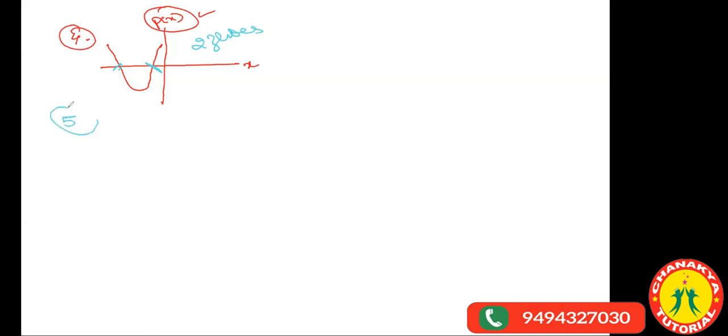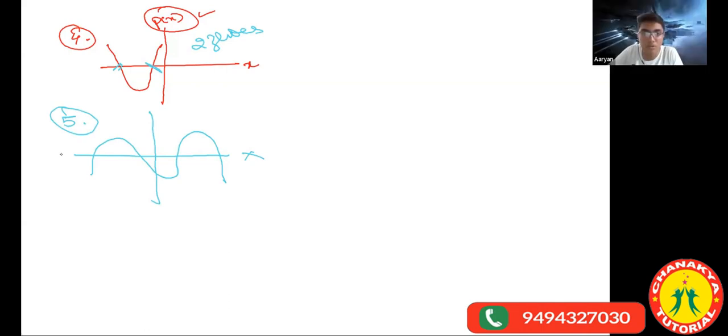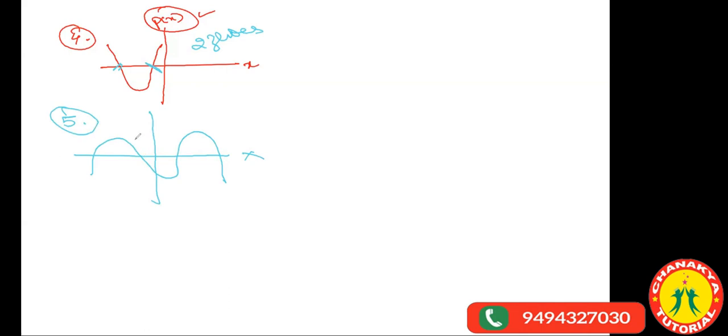Now next. Aryan, tell me how many zeros are there? Ma'am, 4. Yes, good, because it intersects the x-axis at 4 points: 1, 2, 3, and 4. So therefore, 4 zeros are there.